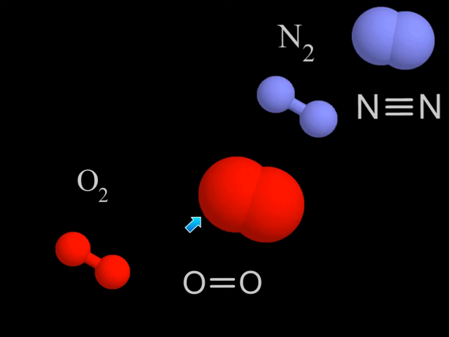They both have the same greediness for the electrons that they share. And so they share that pair of electrons equally. Same thing here with nitrogen. Two nitrogen atoms both have the same electronegativity. Both are going to pull on these shared electrons equally. So when electrons are shared equally by the atoms in the bond, we say that that is a non-polar covalent bond.